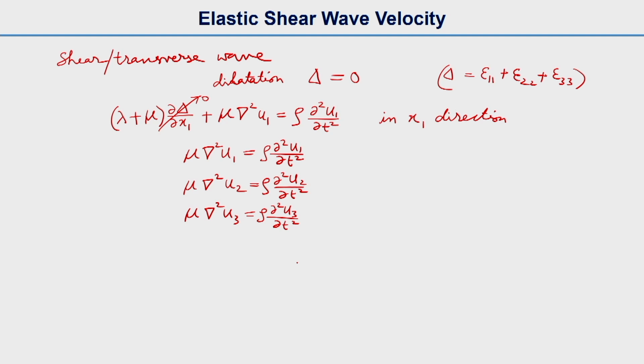So now if we compare with our earlier derivation, we will find that the shear wave velocity can be written as V shear is equal to the square root of mu by rho.